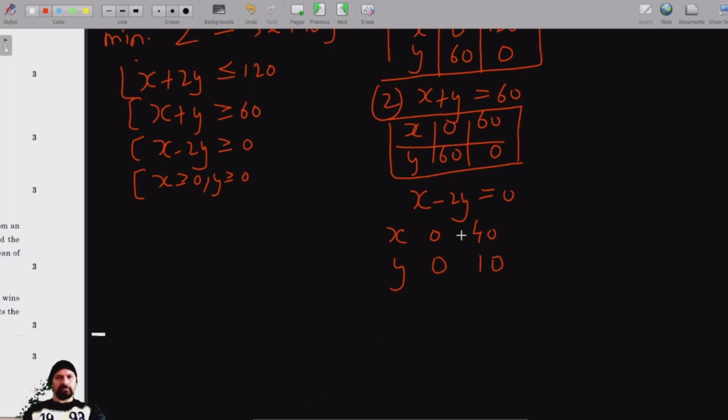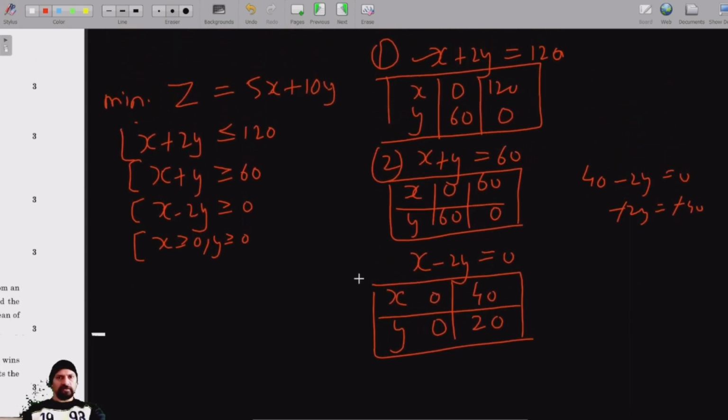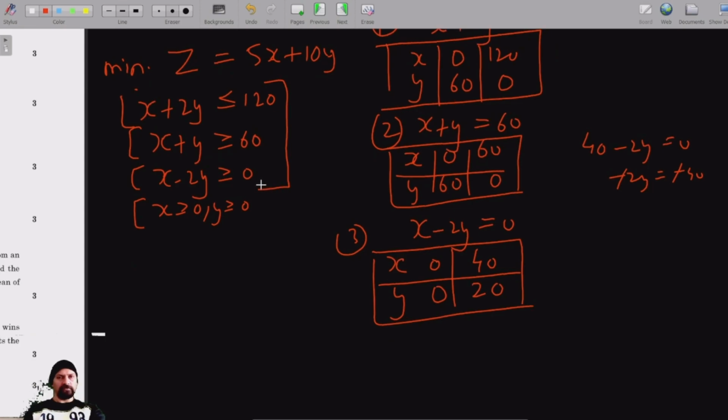So 40 minus 2y is equal to 0, which is minus 2y is equal to minus 40, and y is equal to 20. Okay, let's sketch the graph for these three equations, and then we will check for the solution region using these inequalities.